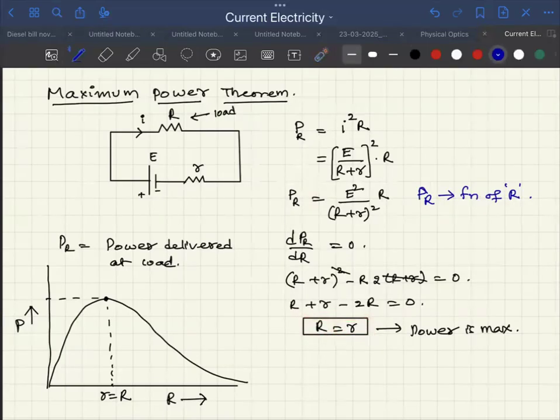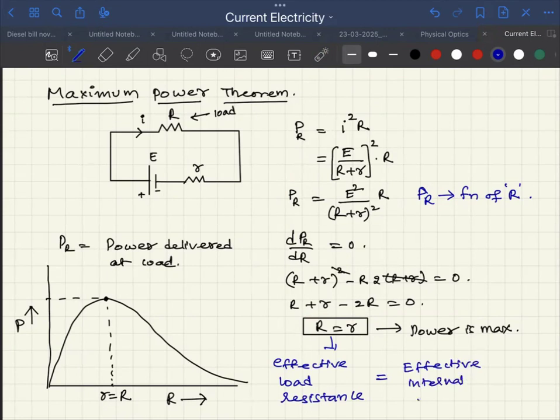So which means when effective load resistance is equal to effective internal resistance, what happens? Power delivered will be maximum at the load.